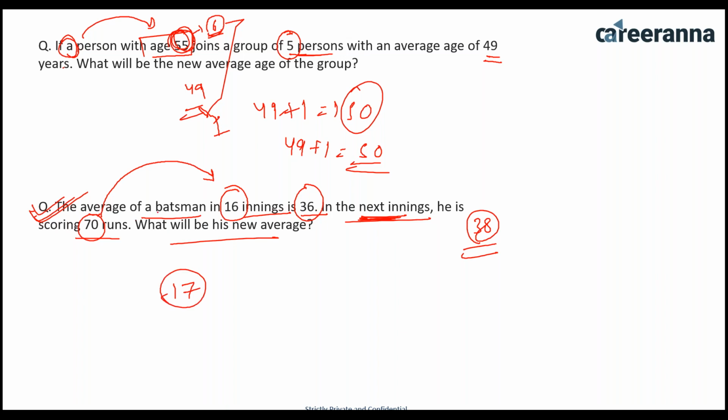So I'll give this inning 36 first, because everyone should get 36, right? Now I'm left with 34, and 34 we have to divide in 17 innings, right? So it will be 2 per inning. So I have to add 2. So the new average will be 38. Is it clear to everyone? Not? I will be solving it by the conventional method if you want me to.